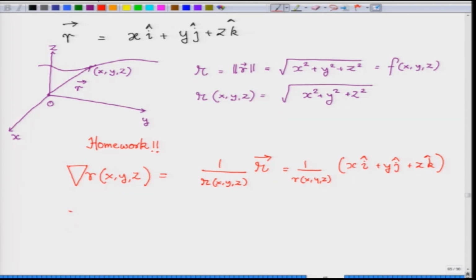Also an important one is the gradient of 1 by r, and in this case the answer should be minus 1 by r of x, y, z whole cube into the vector r. I am not writing the remaining part, you can easily figure out what we have to do.